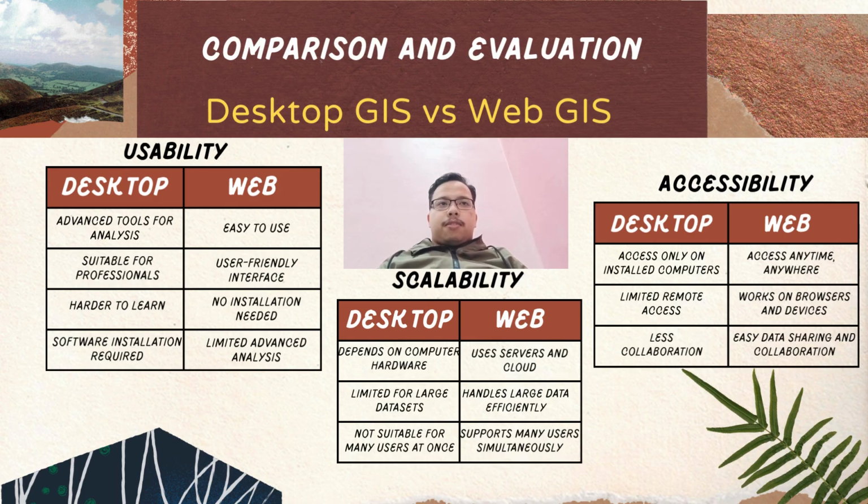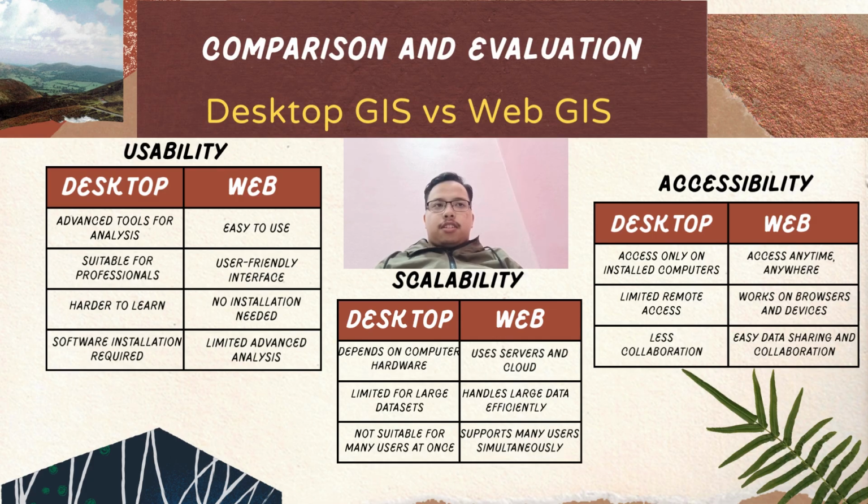Secondly, in terms of scalability, desktop GIS has limitations because it depends on the processing power and storage capacity of a single computer. Handling large datasets or supporting multiple users simultaneously may reduce performance and require costly hardware upgrades. On the other hand, WebGIS is highly scalable due to its server-based and cloud computing infrastructure.